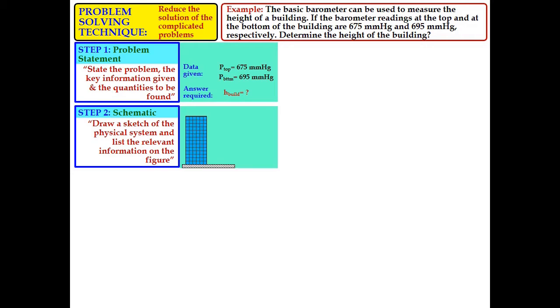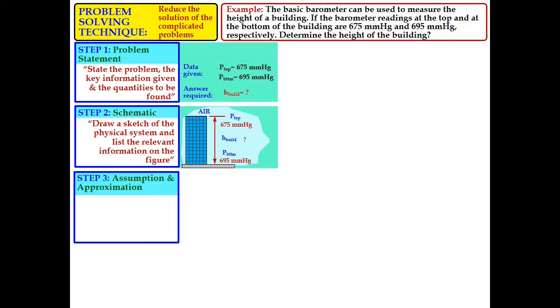For example, just draw a building surrounded by air. We want to determine the height of the building, H building, and the data given is the bottom pressure 695 mm Hg and the pressure at the top 675 mm Hg. That's step number 2.